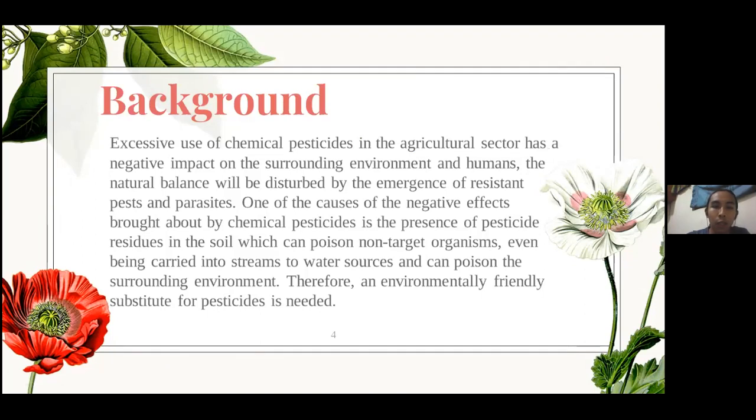One of the causes of the negative effect brought about by chemical pesticide is the presence of pesticide residues in the soil, which can poison non-target organisms, even being carried into streams to water sources, and can poison the surrounding environment. Therefore, an environmentally friendly substitute for pesticide is needed.